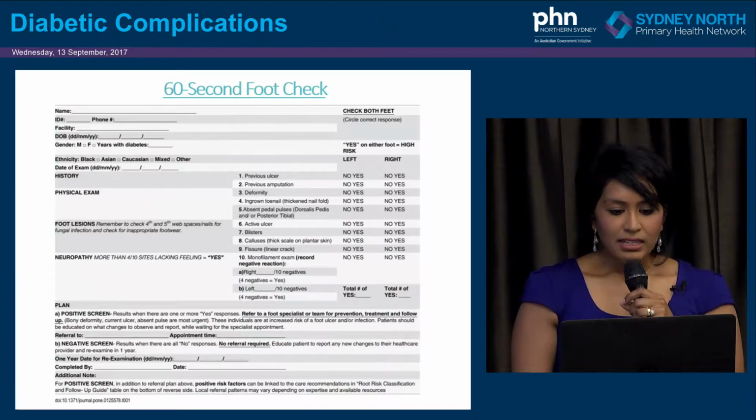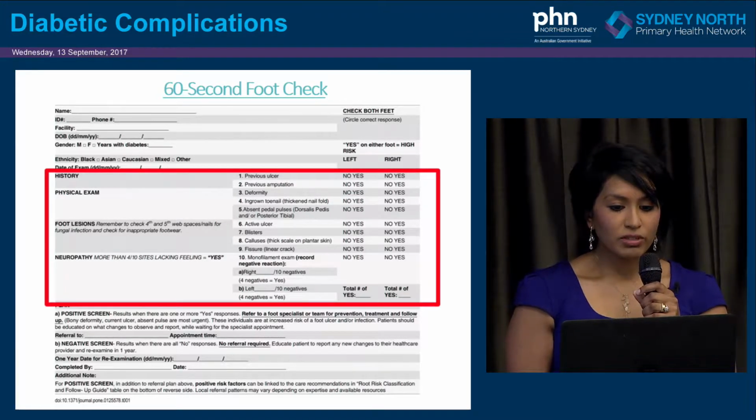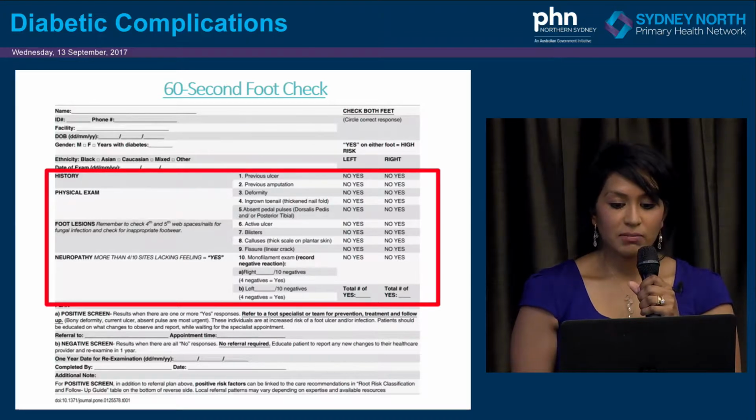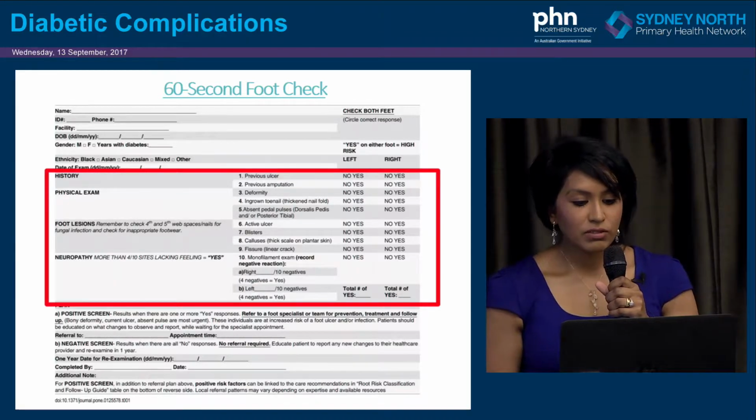and it's basically this section that you need to just tick off when you do a foot check. So just to ask or determine if the patient's had a previous ulcer, you'll be able to see on examination if there's been any previous amputation and if there's any deformity.